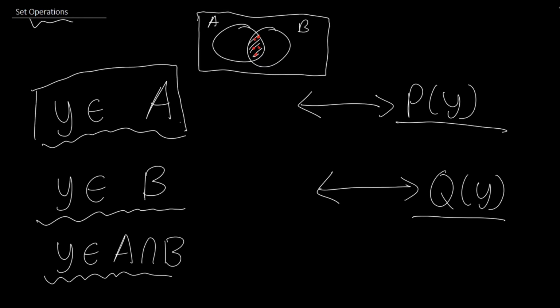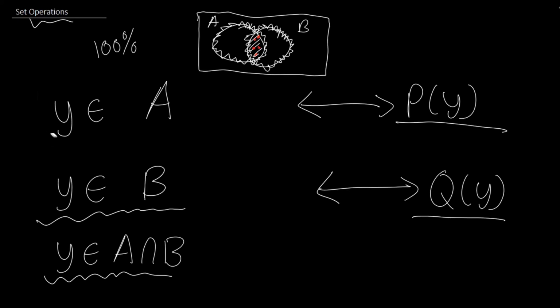Is it true? Well, can you say with 100% certainty now? Yeah, we can say with 100% certainty that Y is a part of A, because all the red dots are contained within the circle A. Similarly, all the red dots are also contained within the circle B. Both of these guys are true.